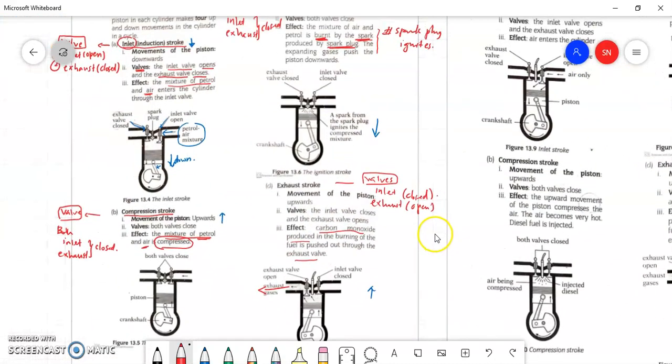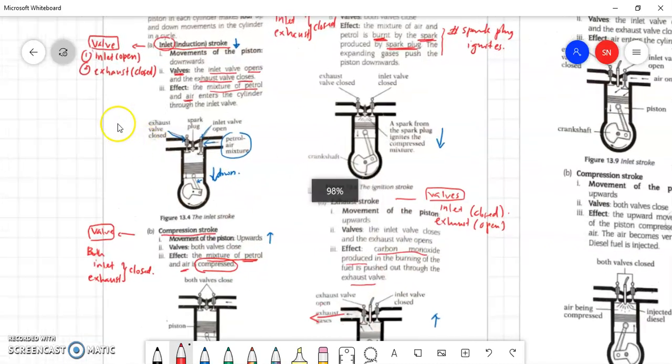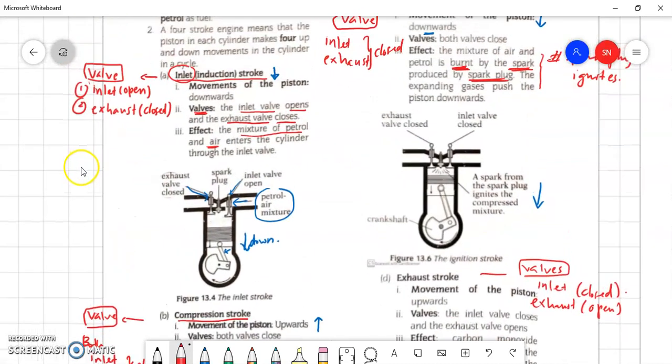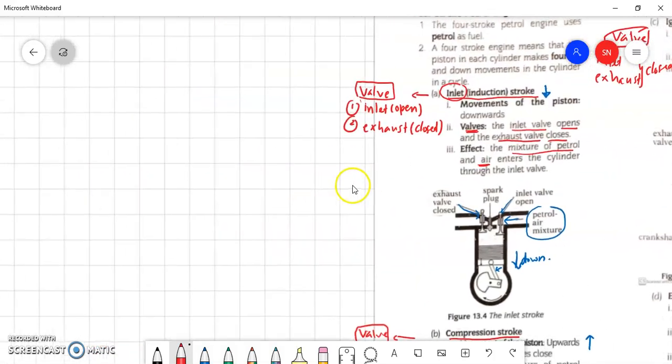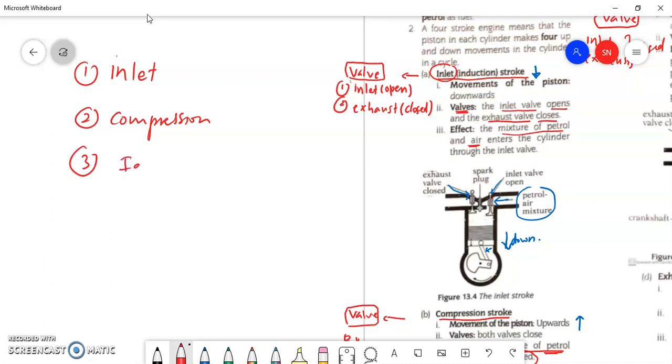So quick recap. There are 4 strokes basically. The first one is called the inlet stroke. Second one is called the compression. Third one is called the ignition or power.